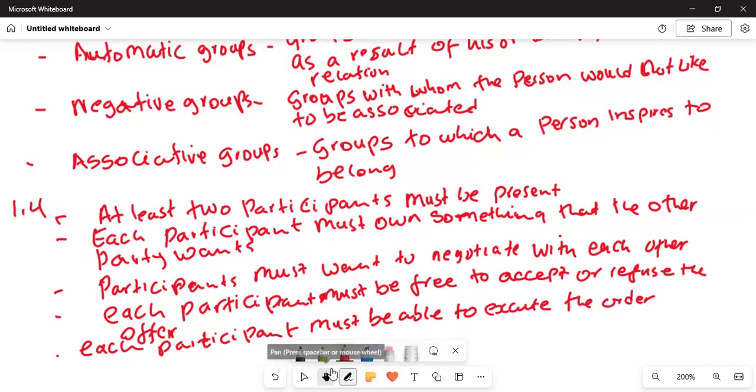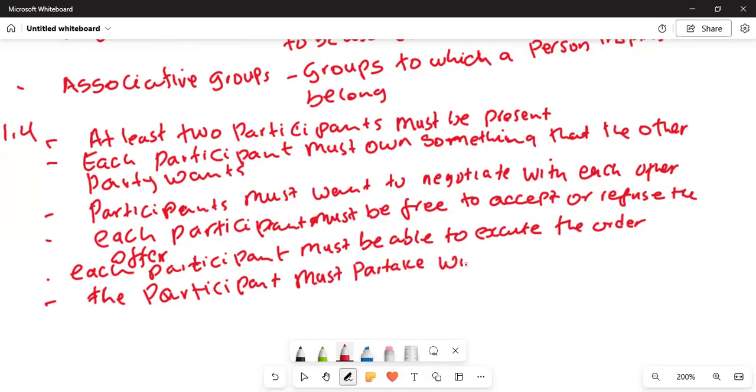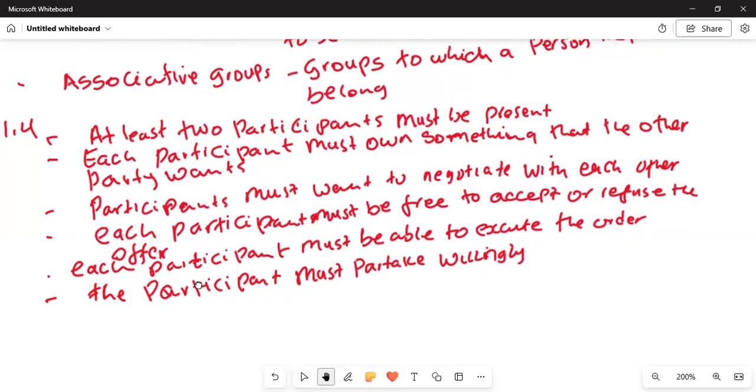Also, the participants must partake willingly. That is how we are to answer question 1.4.